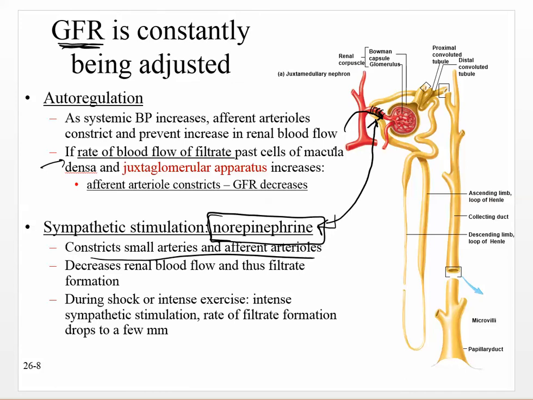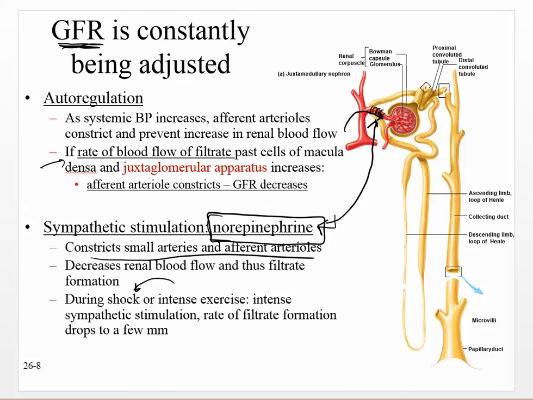So if something frightens you, or during exercise, that's going to lead to constriction. Okay, during shock, that's going to cause a release of norepinephrine too. So shock is when your blood pressure falls to the point that you can't feed your cells enough.